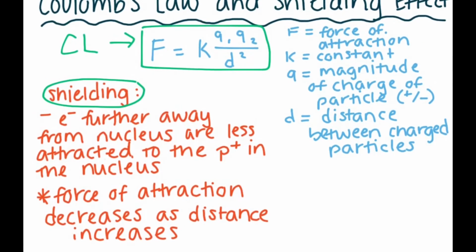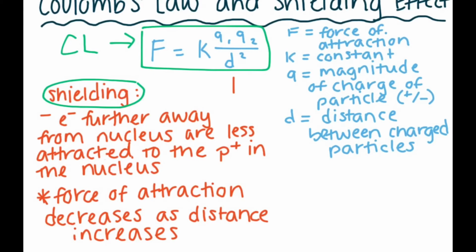Therefore, if we go back to Coulomb's law, this correlates because if we increase the value of d, that would result in a smaller value for F. So this makes sense: as we increase distance, the force of attraction becomes smaller and less powerful. And as we see in our point here, the force of attraction decreases as distance increases.